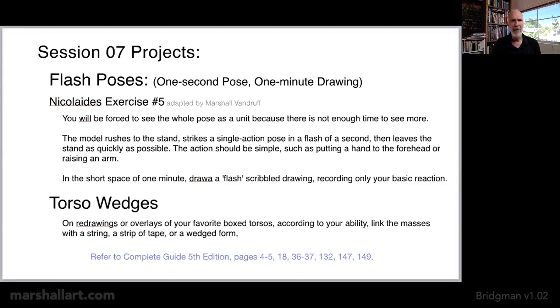We'll take about a half hour on anatomy, maybe 40 minutes, and then 20 minutes or so on metaphors from nature. Torso wedges. On redrawings or overlays of your favorite box torsos, according to your ability, link the masses with a string, a strip of tape, or a wedged form. Here's what we've learned.